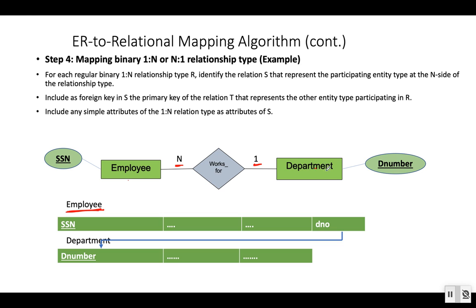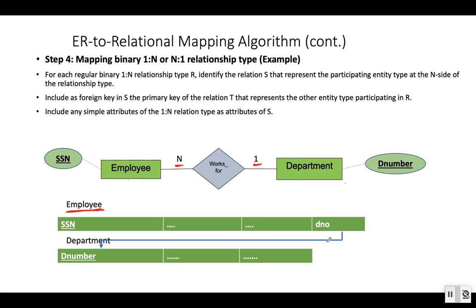Employee works in only one department, so the relationship attribute is actually the department number. That's why we are going to add a foreign key DNO that is going to reference the primary key of the department table. Remember, this is the foreign key and this is going to reference the primary key on the other side of the relation, the department table.